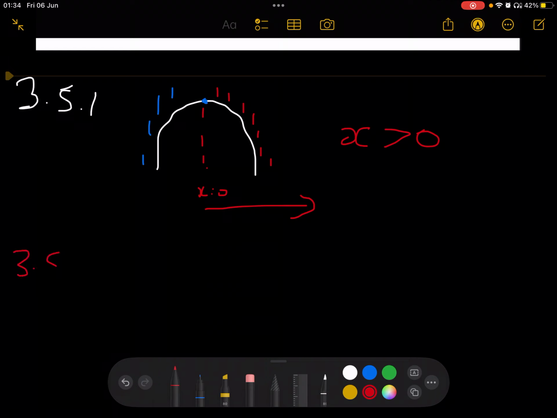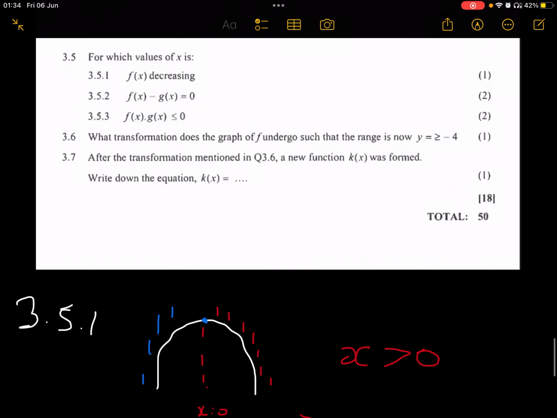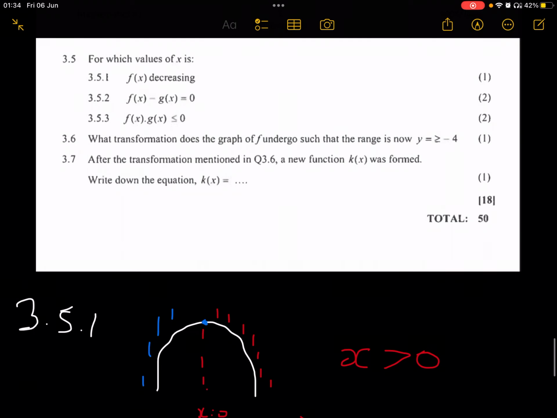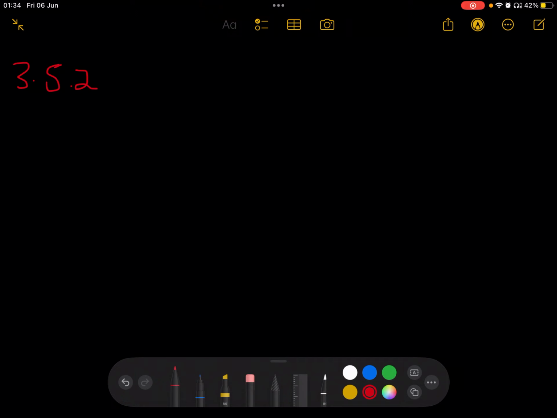And then 3.5.2 is asking us for which values of x is f of x minus g of x equal to 0. Right. So I'll give one format for this one.